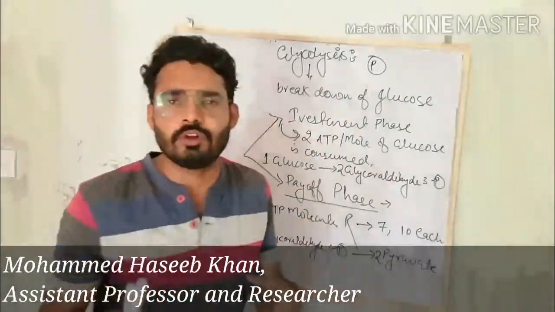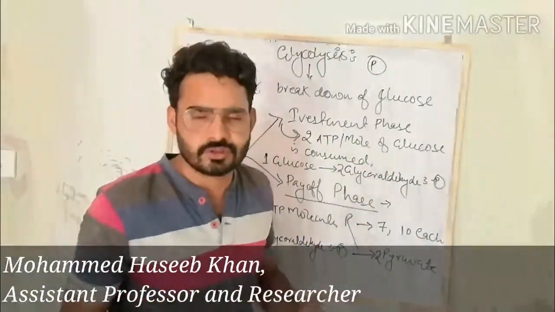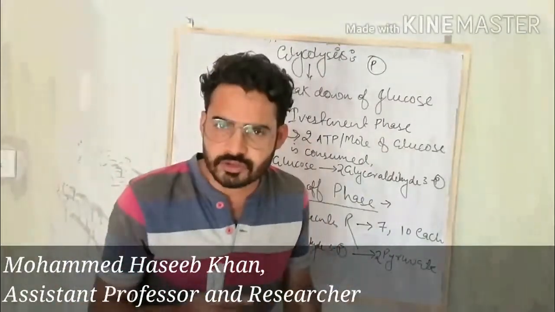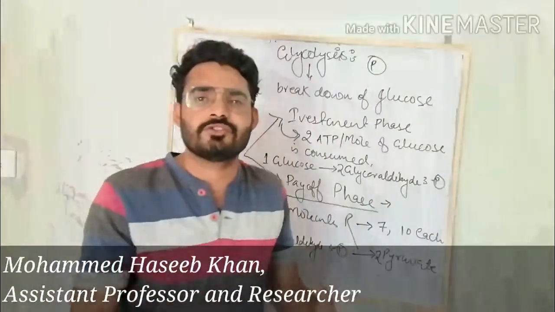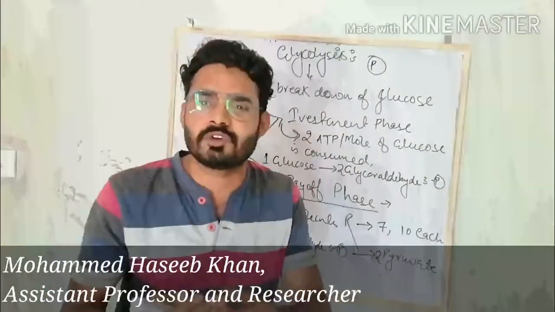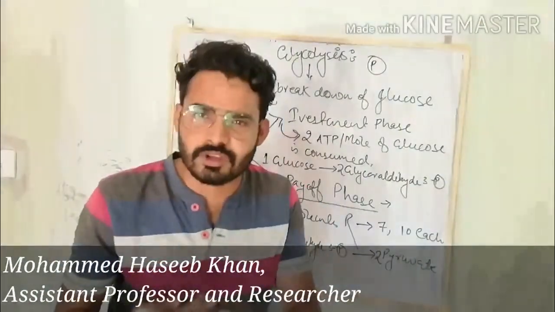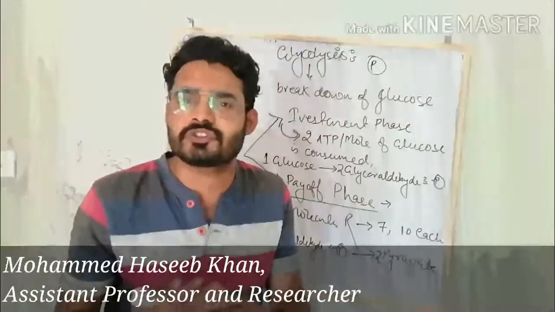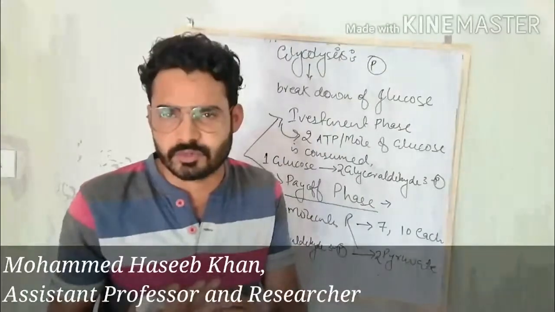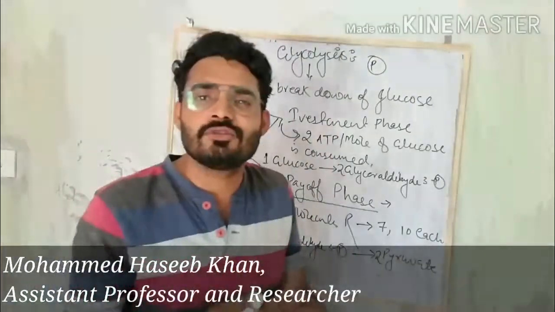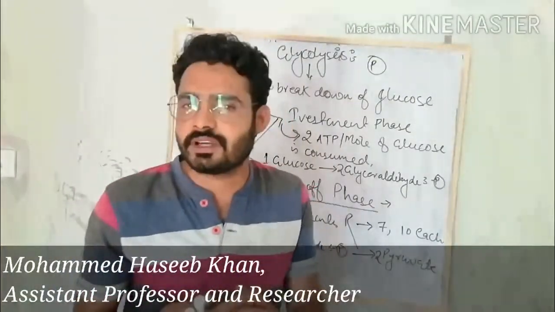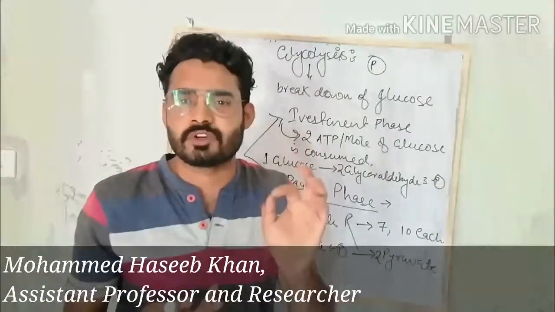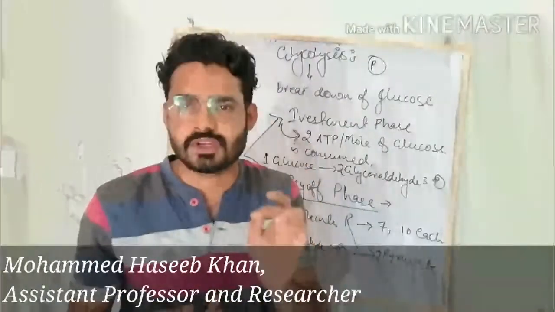So there is no loss of carbon atoms throughout the process, and no removal of carbon dioxide during glycolysis. Indeed there is consumption of ATP in step number 1 and step number 3, 1 ATP molecule each, and 2 ATP molecules each are generated through substrate level phosphorylation in step number 7 and 10, right?